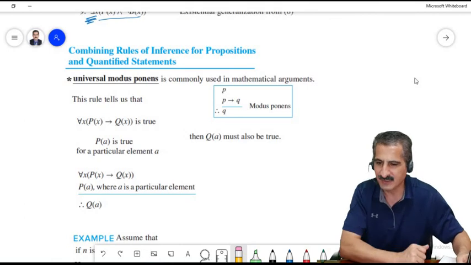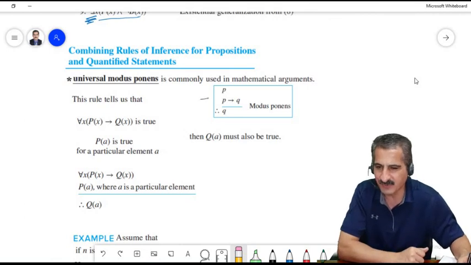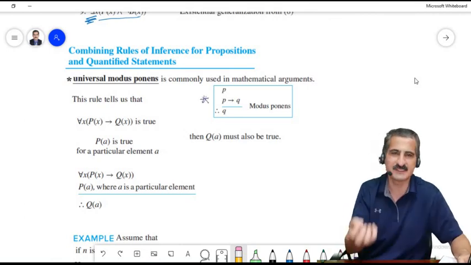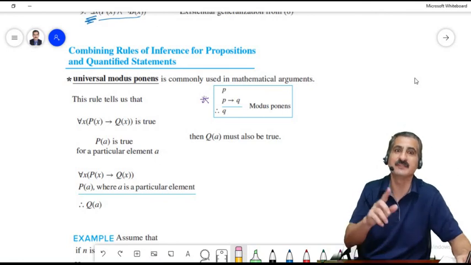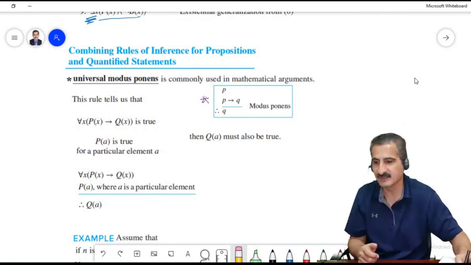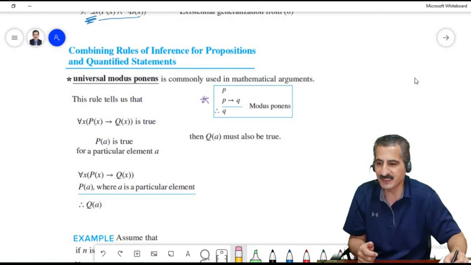Okay, now we have this modus ponens already. If P is in hand, and we know that P gives a Q, then Q is in hand. And that applies for the universal property.